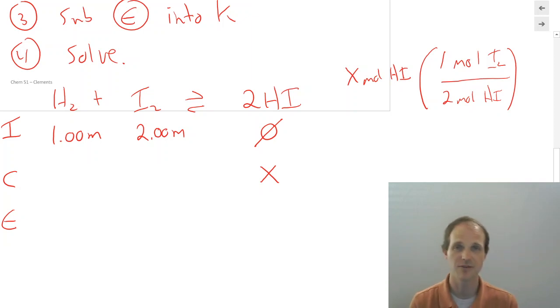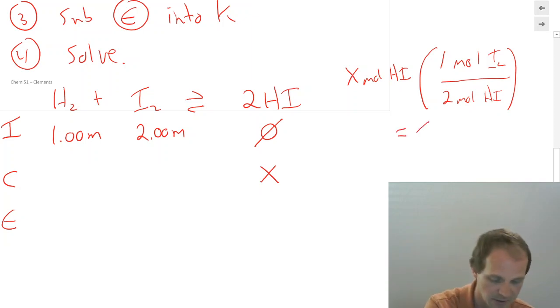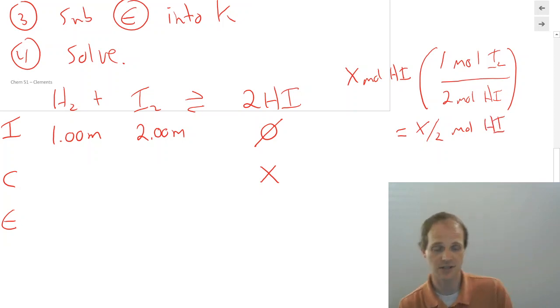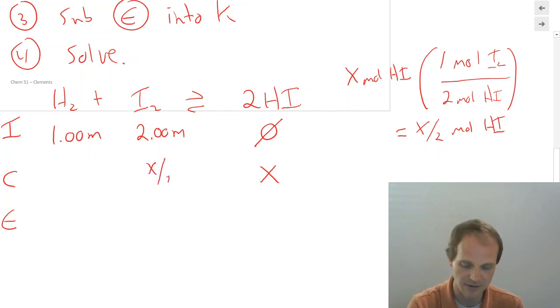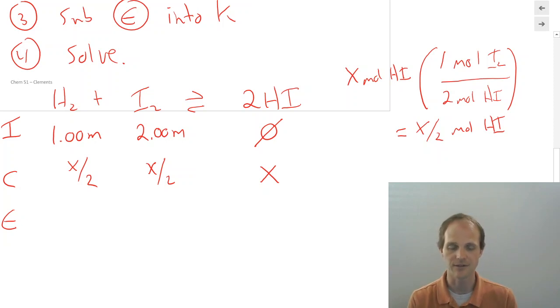That's just stoichiometry from our balanced chemical equations, and we'd get X over 2. And in constant volume situations, moles and molarity are essentially the same thing. And so I'd go X over 2 here and X over 2 here, and then move along and add those up. Totally doable. You can absolutely do it that way. There's nothing wrong with doing it that way.